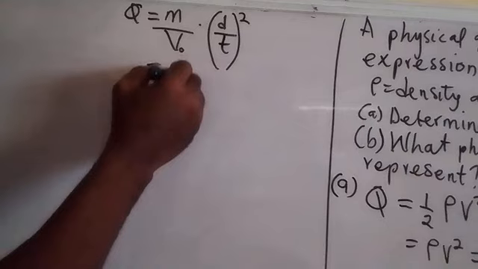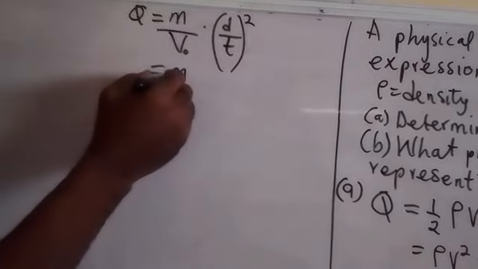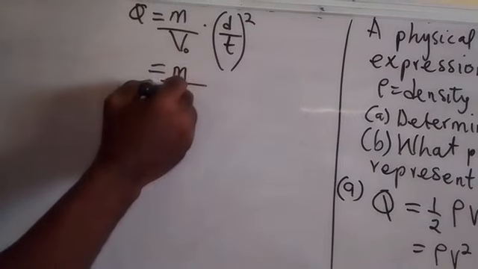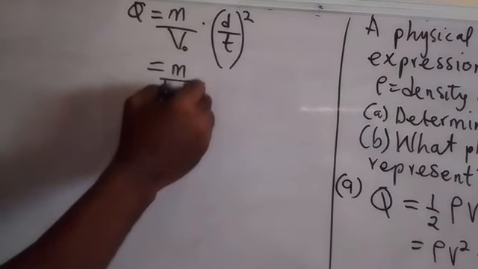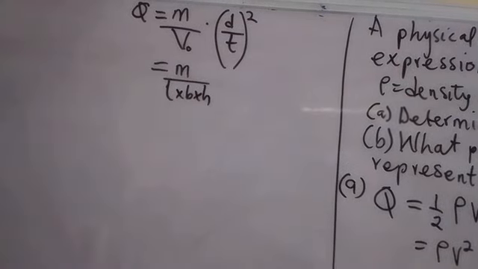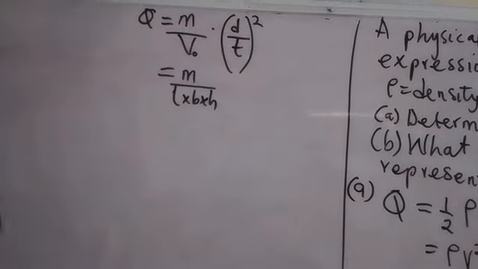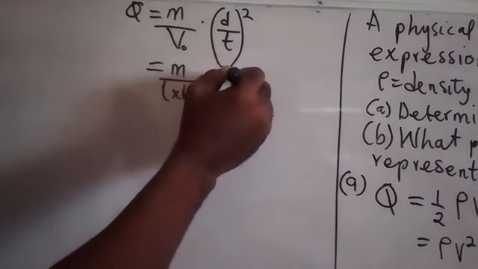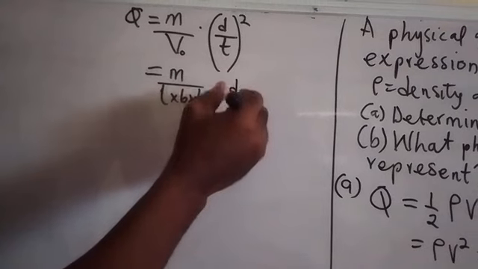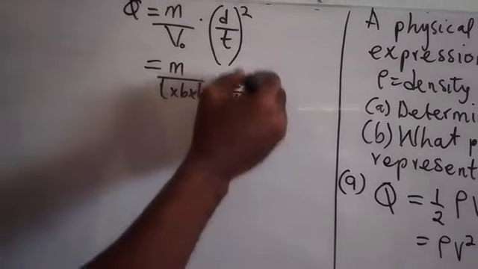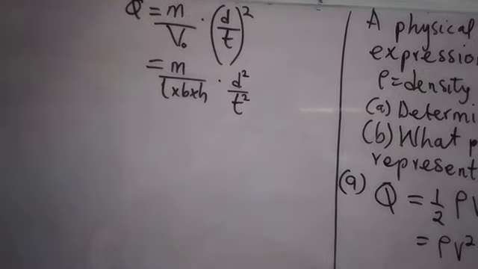This is the same thing as mass, basic quantity, we don't change it. We know that volume is length times breadth times height. Each one of them here is a basic quantity like length, then times distance over time, each one of them squared.